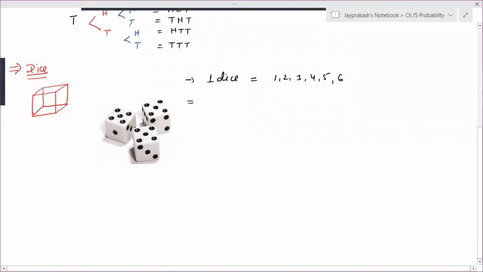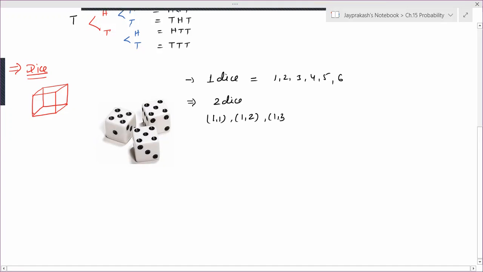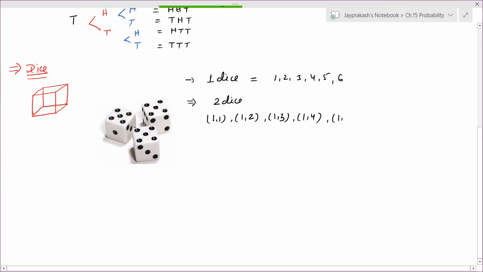And when we roll two dice, so suppose कर लो एक के पास दो पर्सन है और दोनों एक एक डाइस लेके खड़े. So they have combination of 1 1. पहले पे 1 आया, दूसरे पे 2, 1 3, 1 4, 1 5, 1 6. ठीक है.